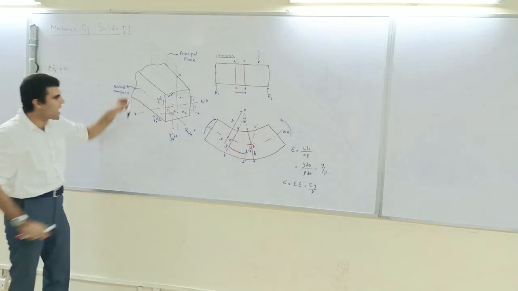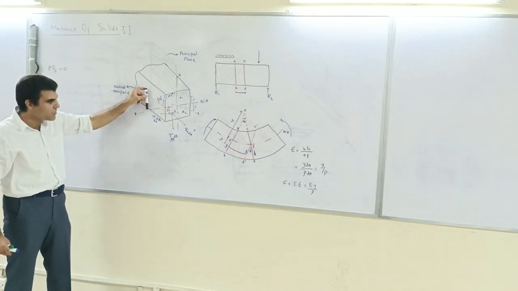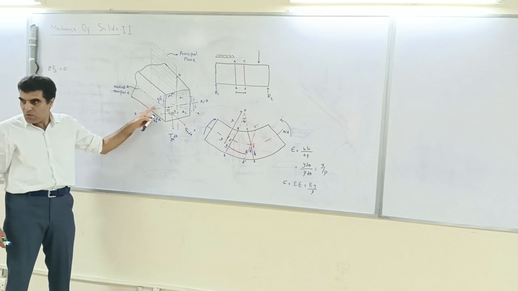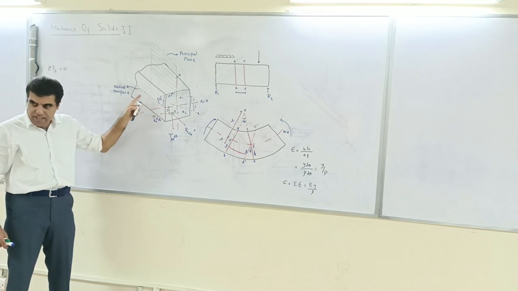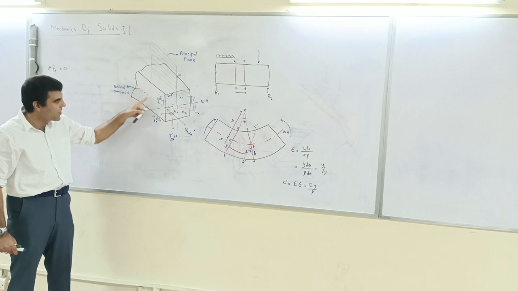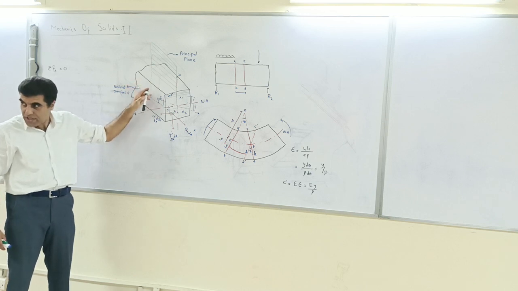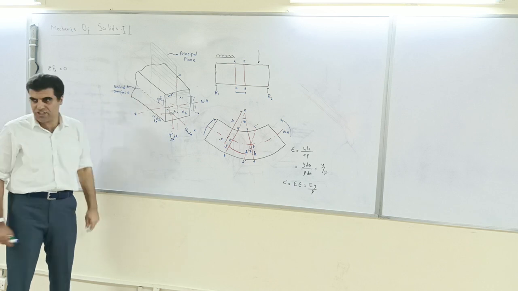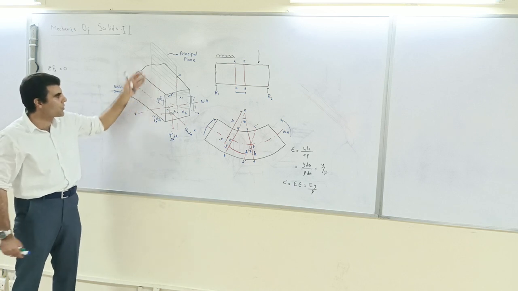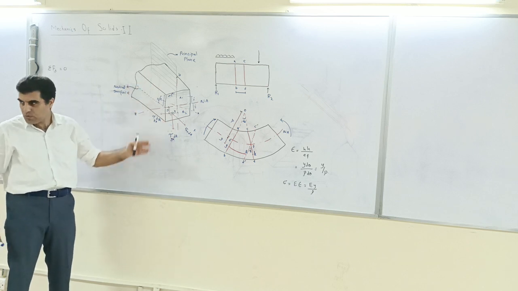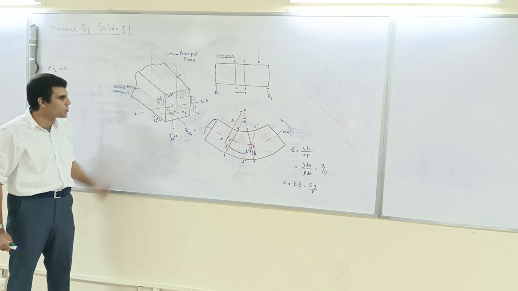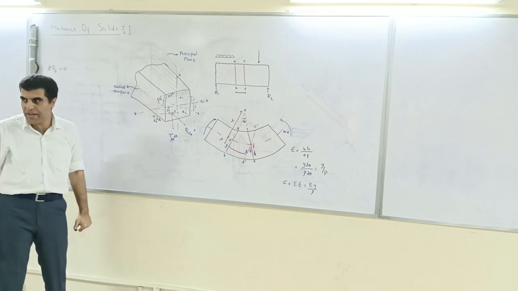If you take tau in this direction, that will be tau yz. Why? Because this is the shear on the cross section whose outward drawn normal is in the z direction, and similarly so on and so forth. Like the bottom one, no, you can't have the bottom one. So these are the two which you can have.